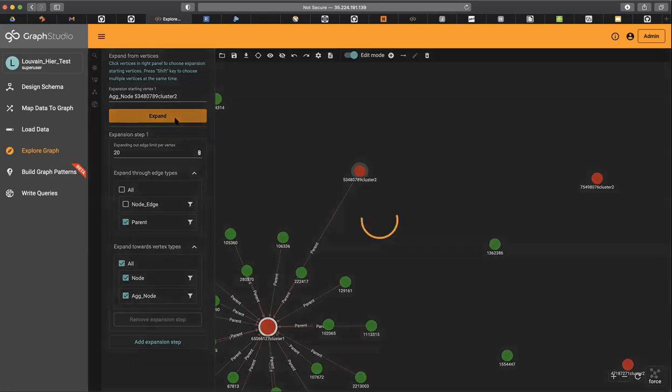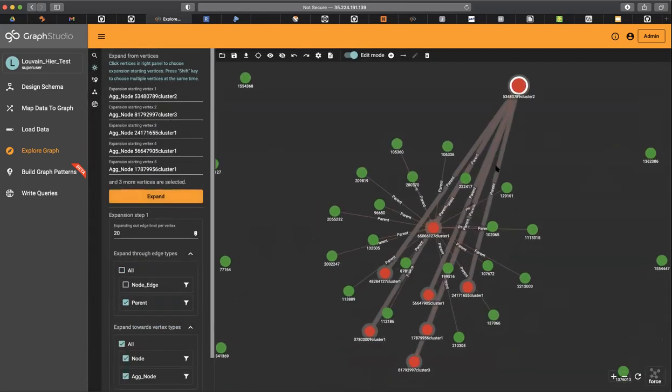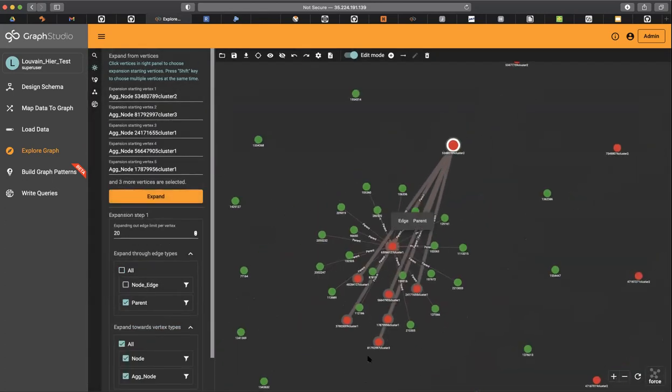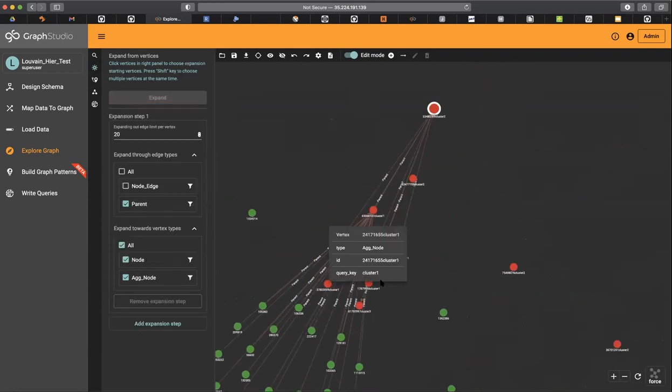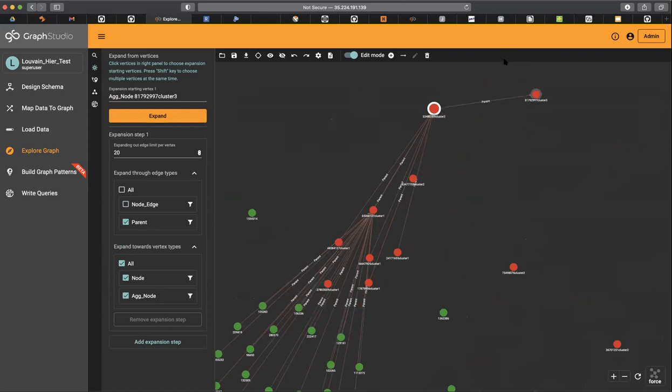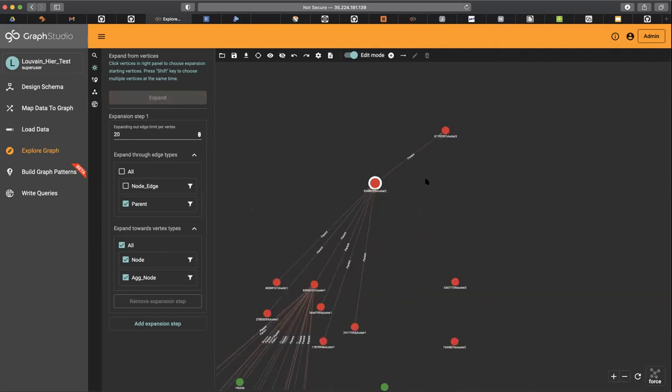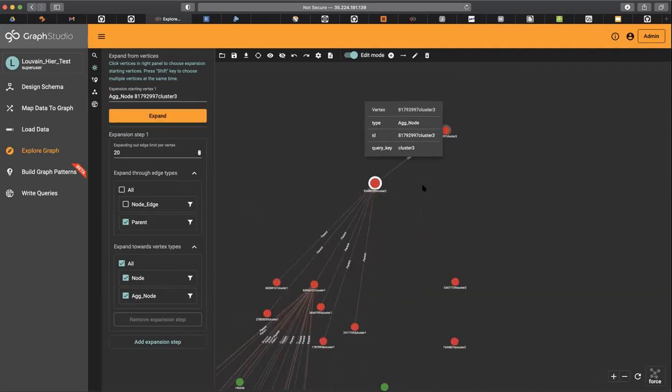And if we expand this again, once again, we see that this vertex has several children vertices, which are themselves aggregate nodes, because I ran Louvain a second time over those aggregate nodes. And this is its parent here.